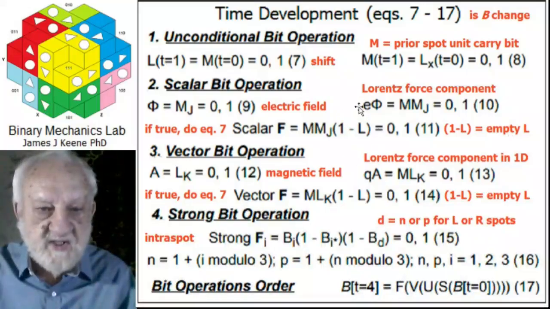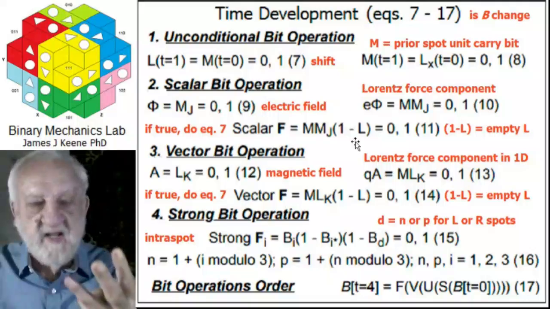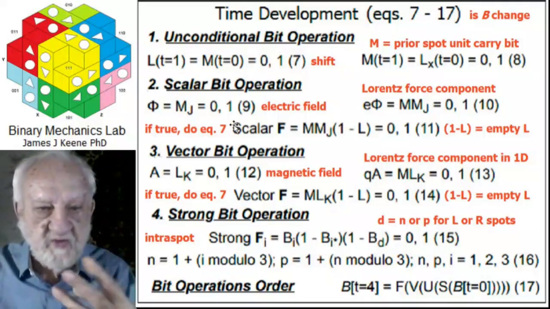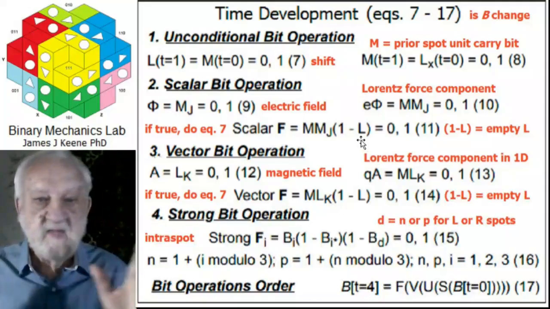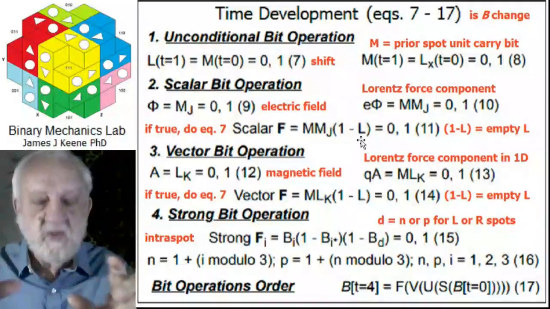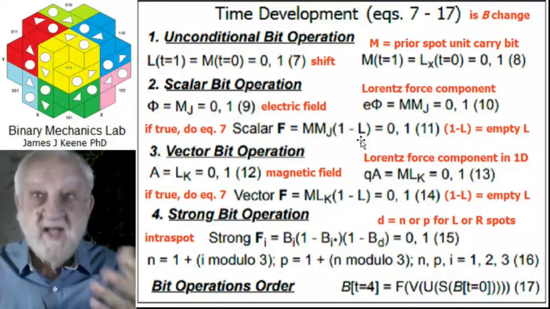This last 1 minus L component in our 3-item AND function for the scalar force is required because, as we've said, a particular locus can only contain 1 quanta at a time.